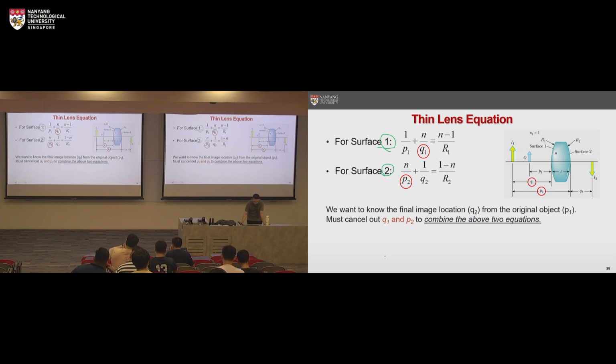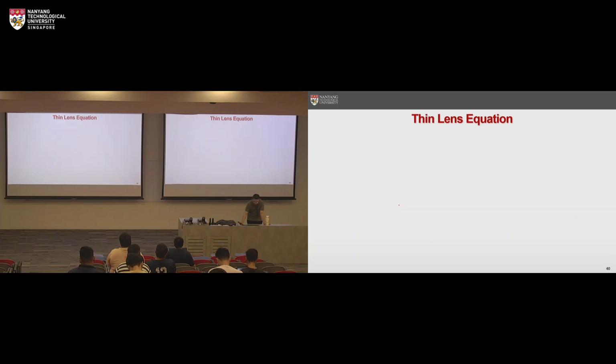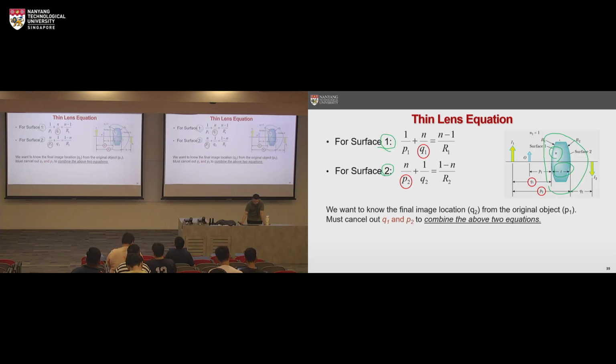Because if you don't consider the lens to be very thick, this thickness doesn't count, which means the refractive index of the lens also doesn't matter that much. So if you take all these assumptions together, which means you assume the lens is so thin, like a paper, you can ignore the T, you can ignore the refractive index of the glass.